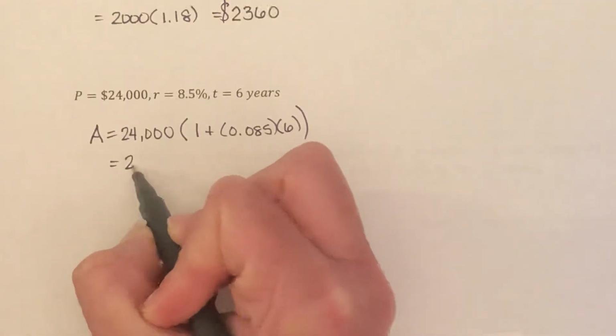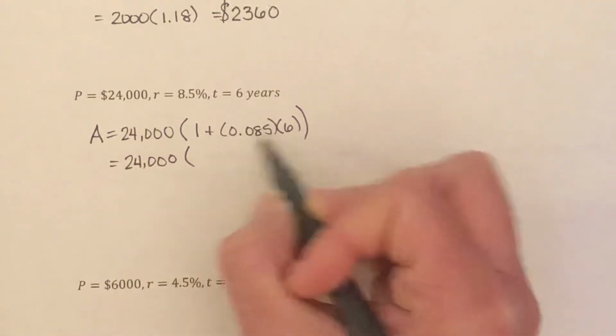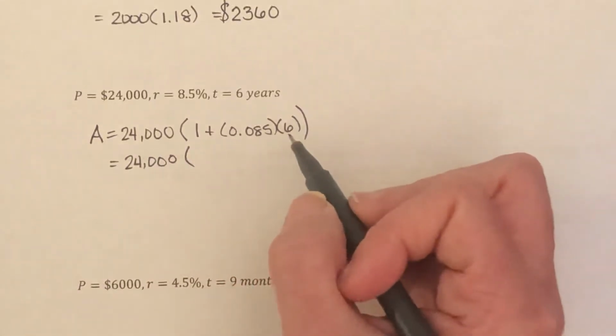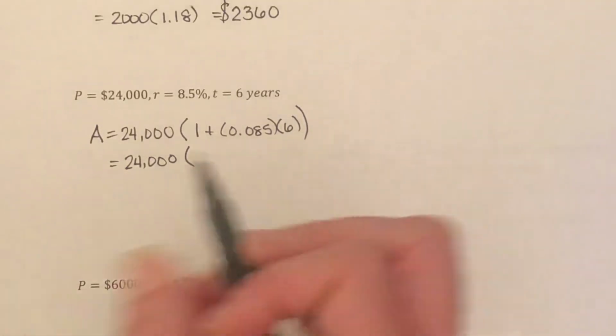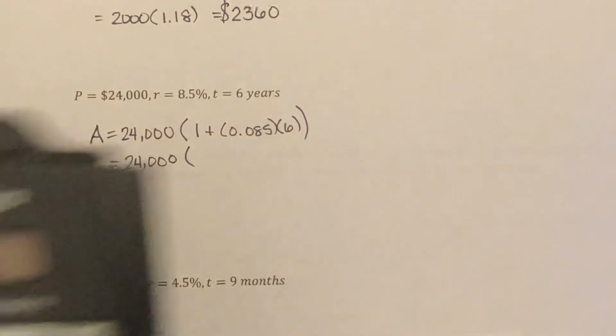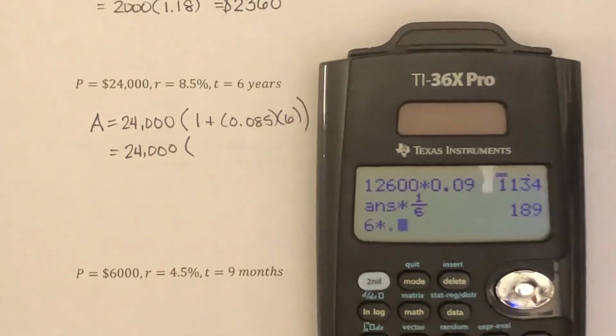If you get, that would be 24,000 times, if you do this multiplication here, you get 0.51, I believe. Double check that. 0.51, yeah.